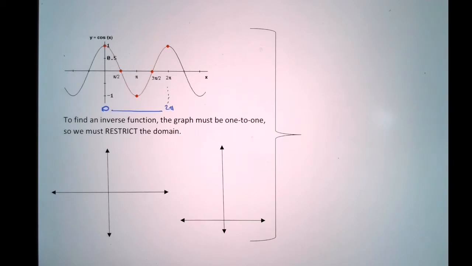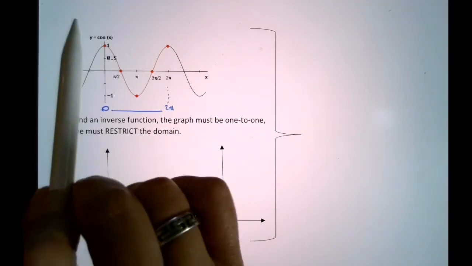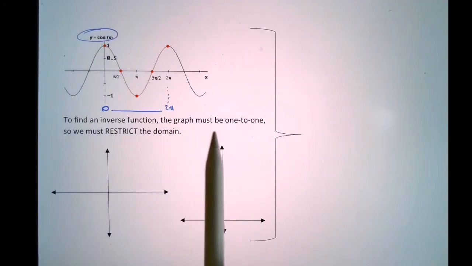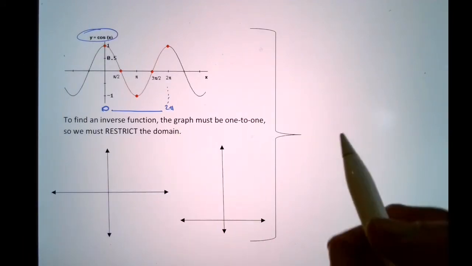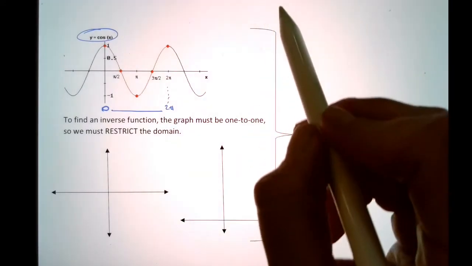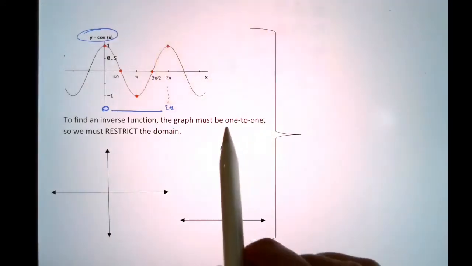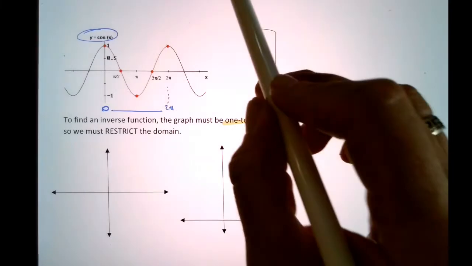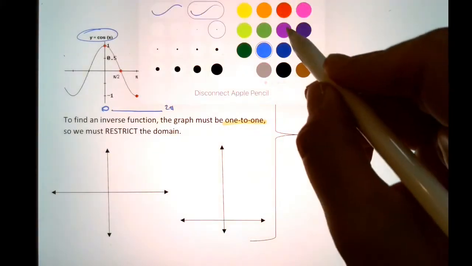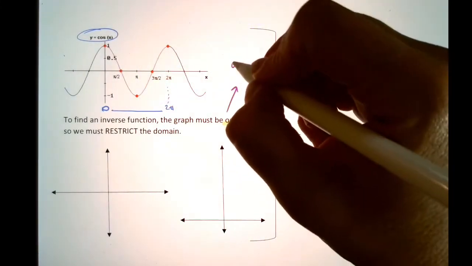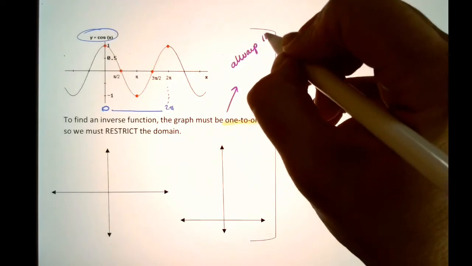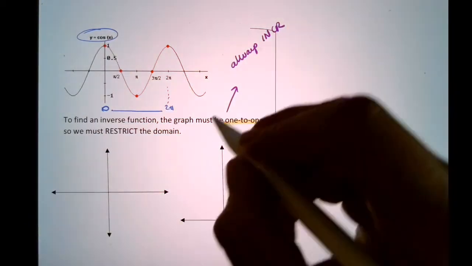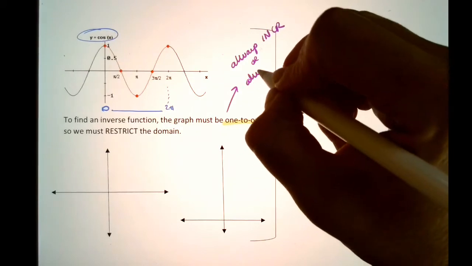When it comes to finding an inverse function, in order for the inverse to be a function, the original graph you're taking it from, meaning the cosine, has to be considered 1-to-1. And let me be clear, I feel like this is the weirdest vocab word ever, right? So here's 1-to-1. What 1-to-1 means is it has to either be, I'll just draw an arrow here, a graph that's either always increasing from left to right, or it's always decreasing.